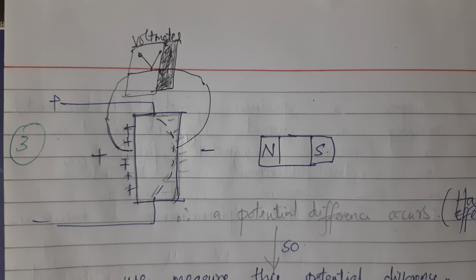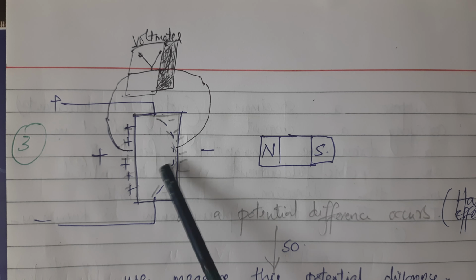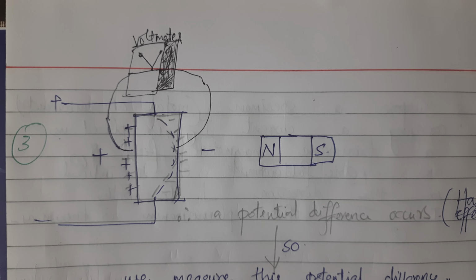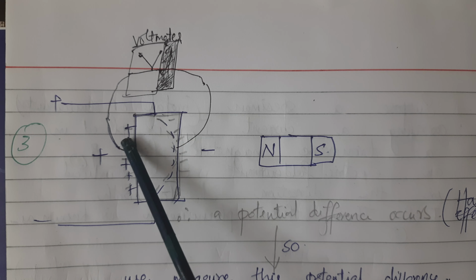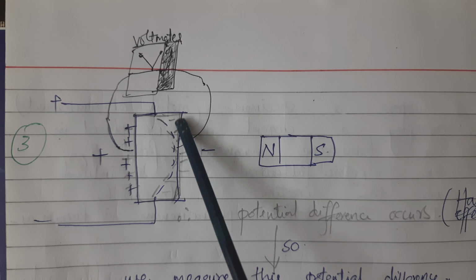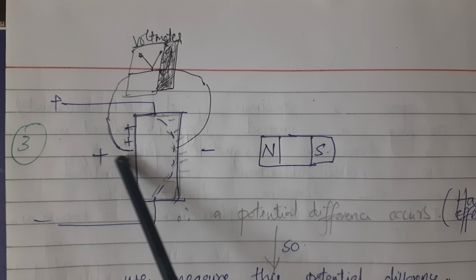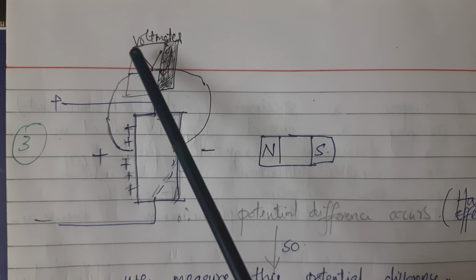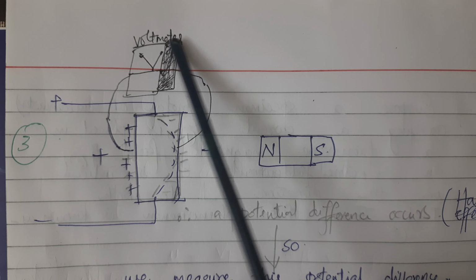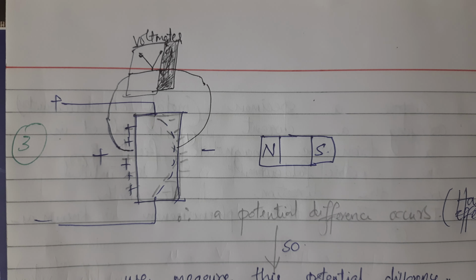So the balancing happens, and there is a potential difference. Since positive charges are here and negative charges are here, there is a kind of potential difference. And if you put a voltmeter across this, we will be able to see the measurement of that particular voltage.